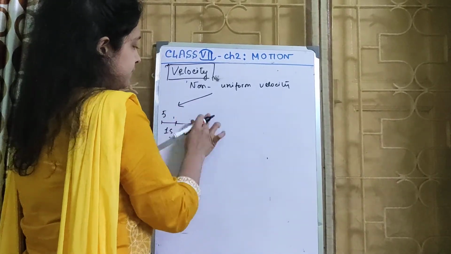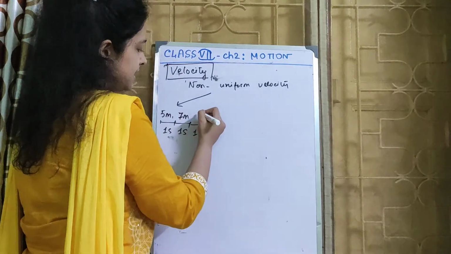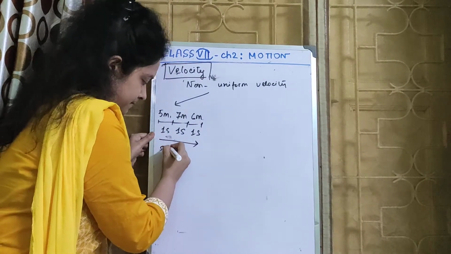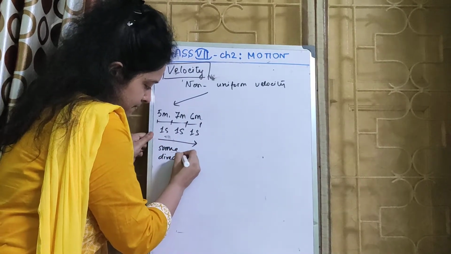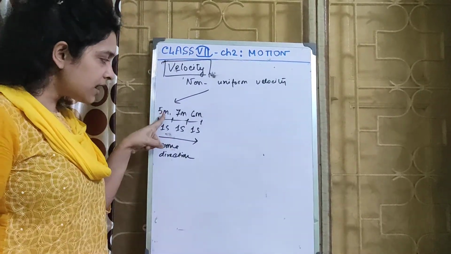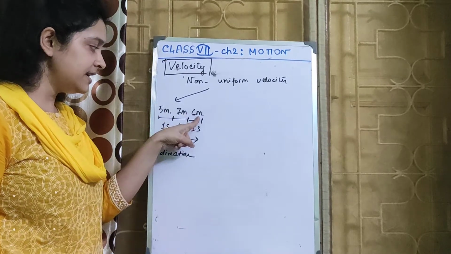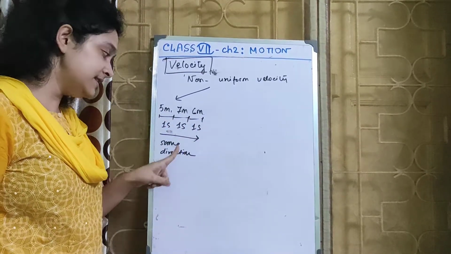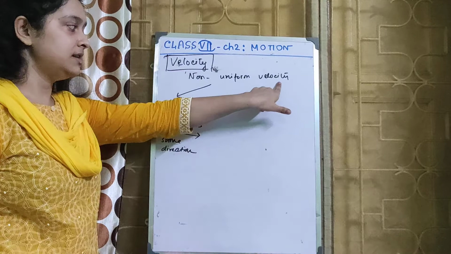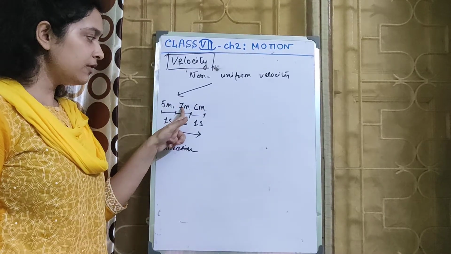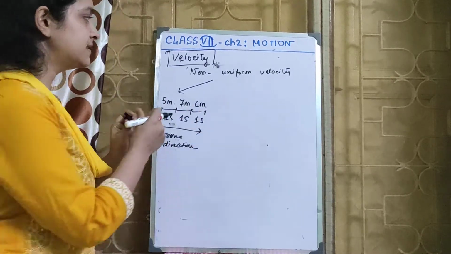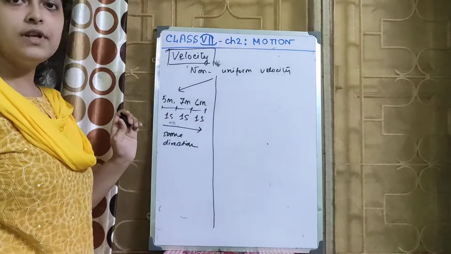Then say 5 meter, then 7 meter, then again 6 meter, but in the same direction. So what is changing? You are covering unequal distances in equal intervals of time, but in the same direction. In this case also it is non-uniform velocity, because one of the factors, the distance, is changing. This is one case for non-uniform velocity.